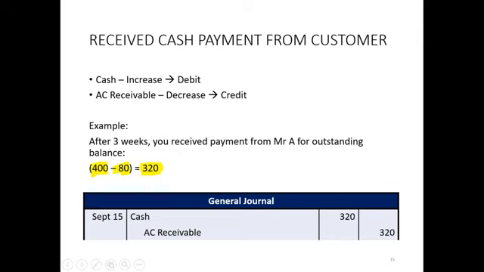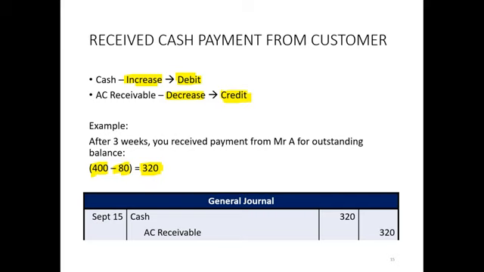You sold on credit to Mr. A. Now, you receive the payment, so your cash increases, debit. Your account receivable decreases, so you credit account receivable.